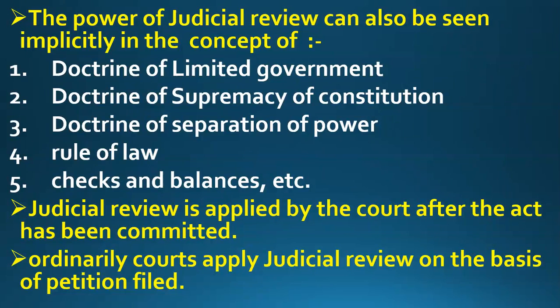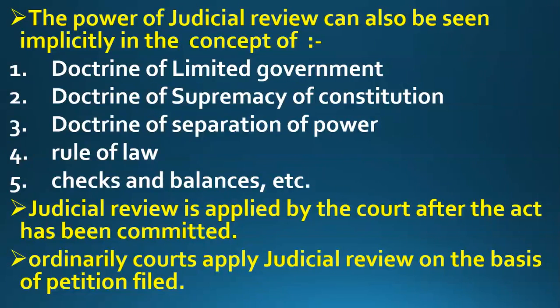In that case, first of all, what will the court do? The court has to ensure that the government is limited. So suppose the government has done something and that action is arbitrary, meaning it is not according to law, not according to rules, not according to the Constitution.